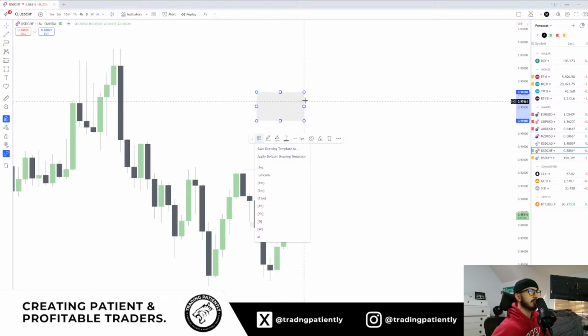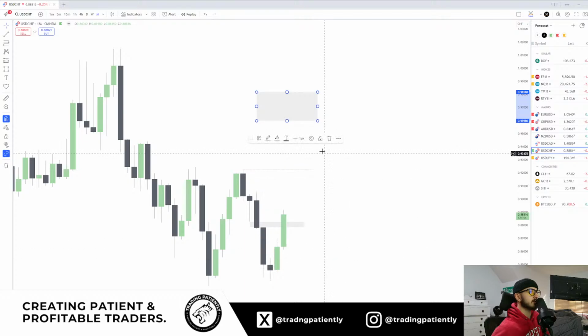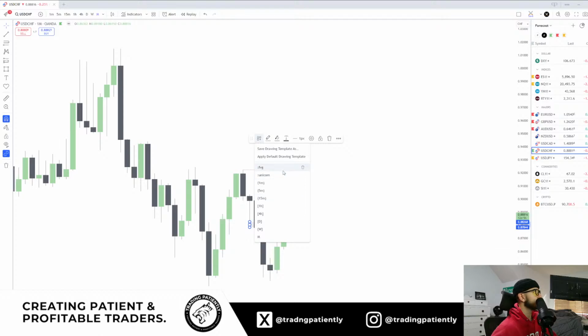So for me, I like to keep all my time frames clean. So if this is a monthly time frame, I have a template with the visibility boxes checked to only show this on the monthly, because I don't want to see this on the daily, weekly, 4 hour, or else it just looks all clustered and gross, and it stresses me out. So make templates like that if you guys want. Highly recommend.